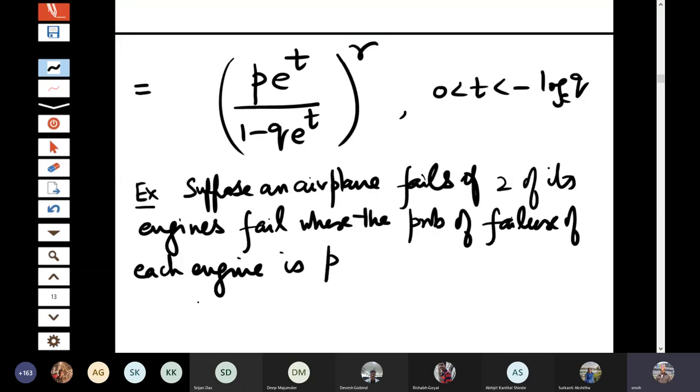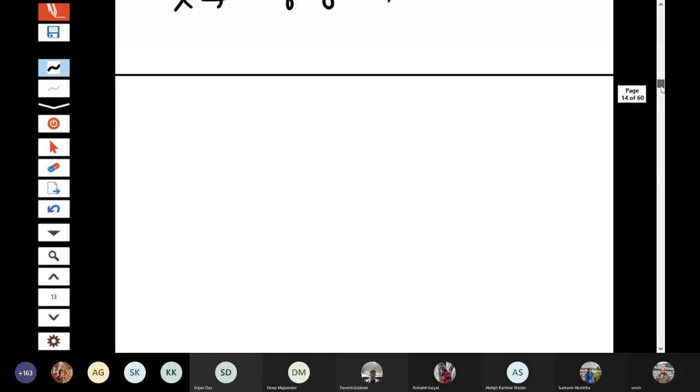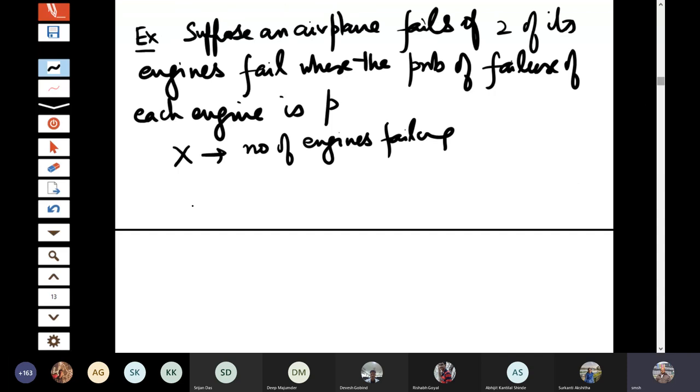So if I say X is the number of engines failing, then what is the probability distribution?